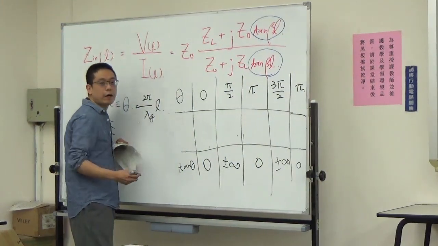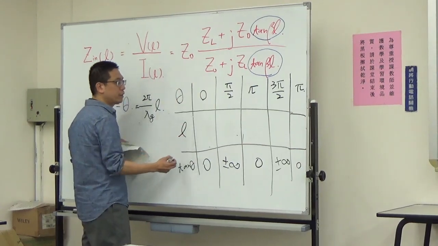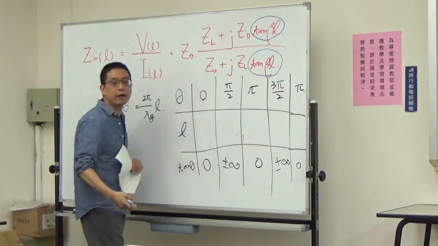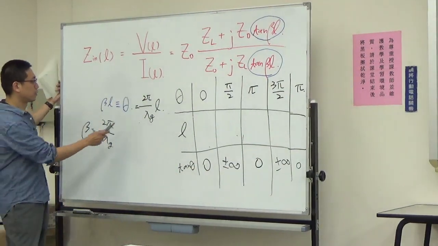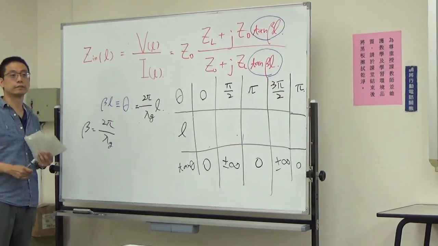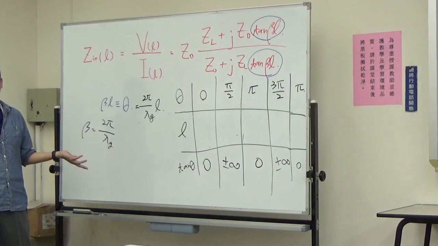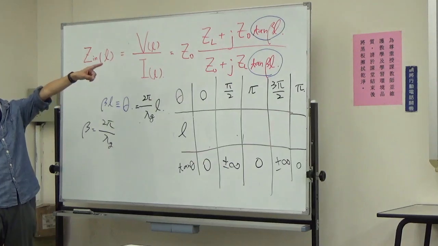Okay. So can anyone help with another bonus question? What is L for these 5 cases? What happened physically is the transmission line.